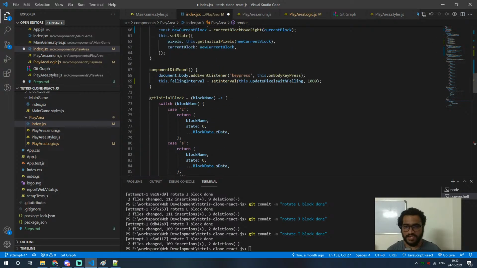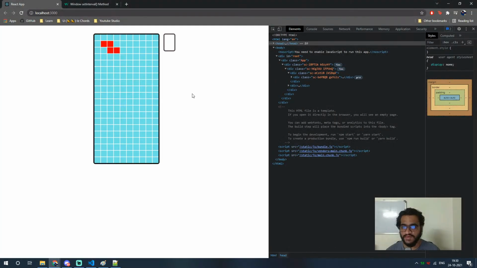And if there is nothing in componentDidMount, it doesn't do anything, but if there is something, it runs it for sure, which we are doing right now. We are running these lines. The first line was adding an event listener to the body, which is keypress. This keypress event listener is the only reason why we are able to do these keyboard commands.